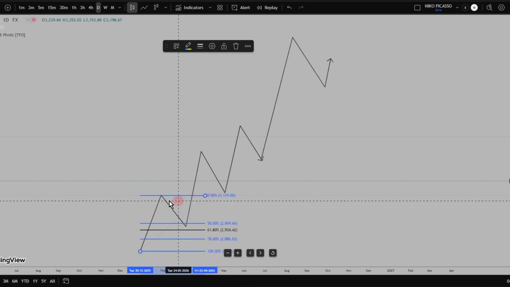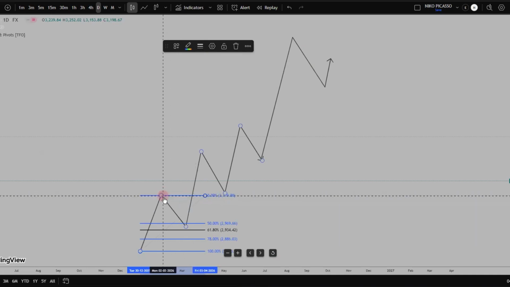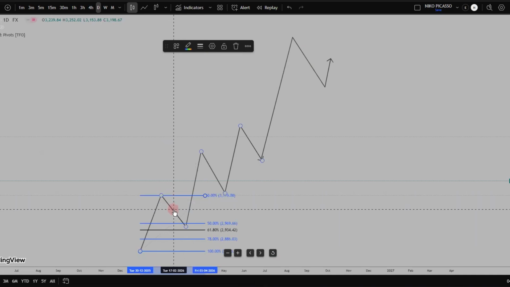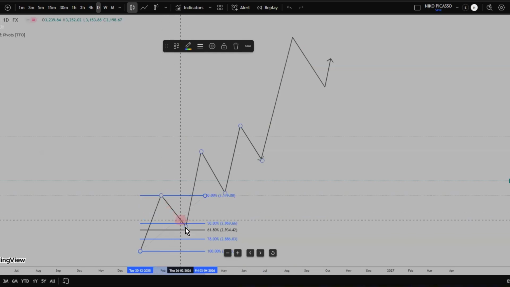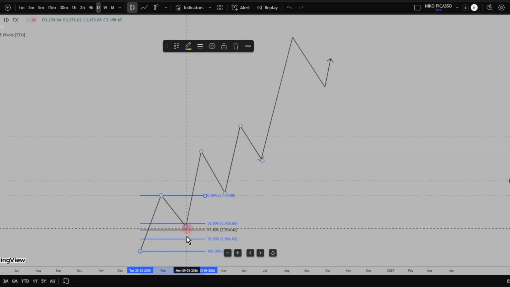Why? Because at this point, when the market starts to show signs that it is coming back down, this is where we place our zero level. The zero level has to be at the extremity of the candle high, and then we wait for the market to provide a higher low in these three key levels.